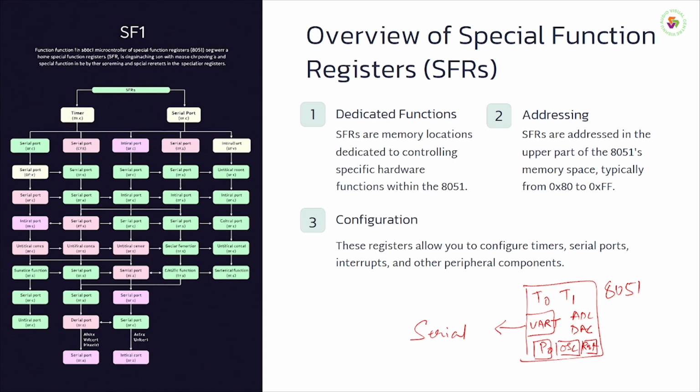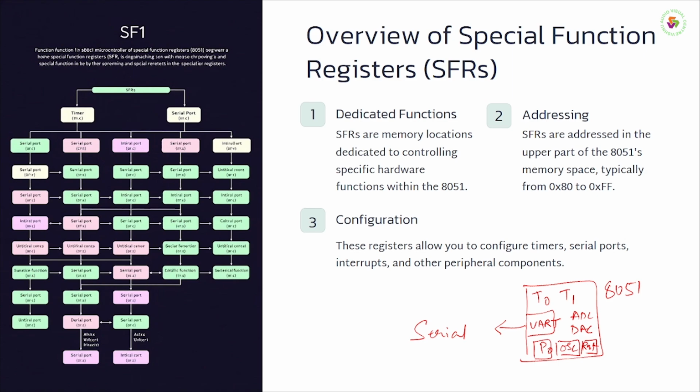In order to operate and control these functionalities, we have specially allocated registers called special function registers, for which a memory location is present.